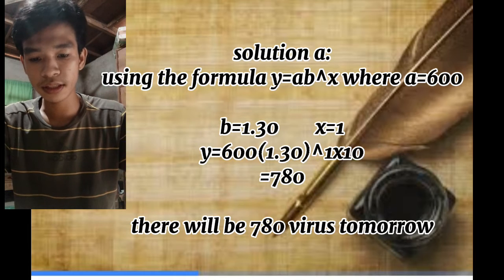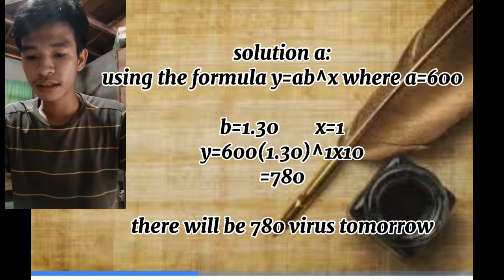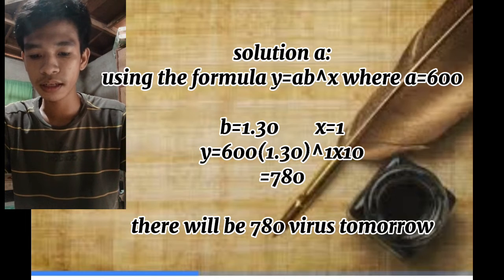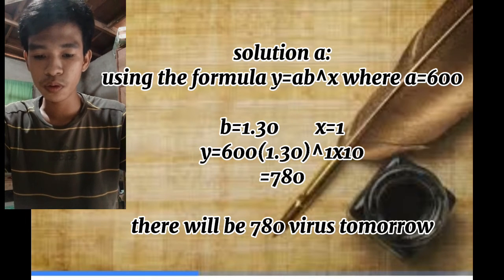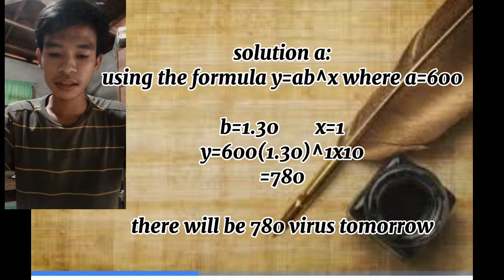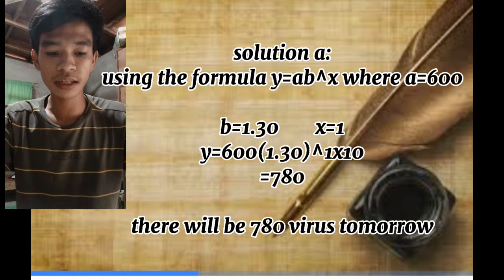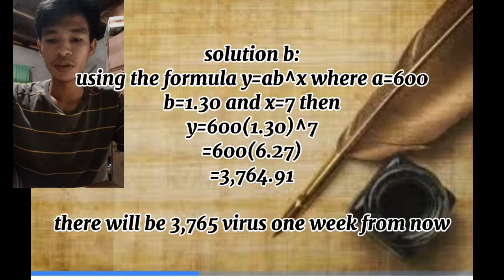And then x equals 1, because tomorrow is just 1 day, guys. Then y equals 600 times 1.30 raised to 1. So the answer is 780. So there will be 780 viruses tomorrow.